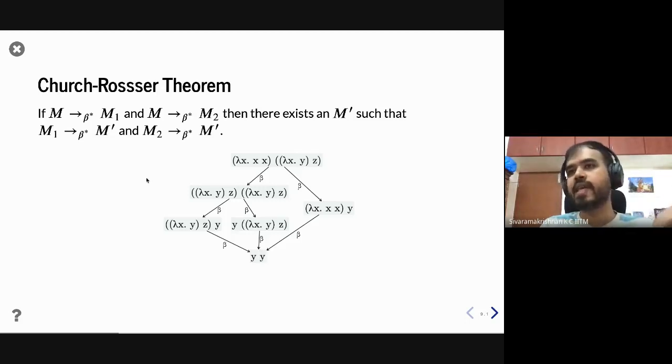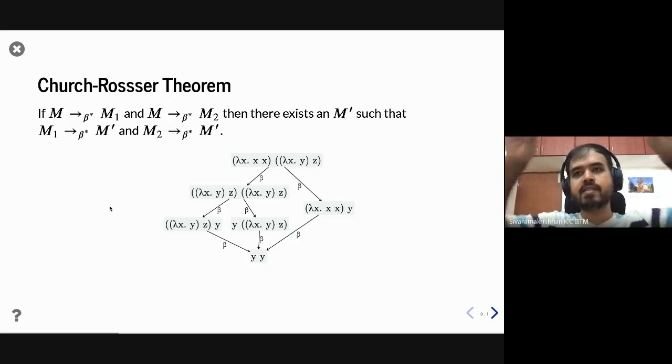The Church-Rosser theorem says that this holds for all lambda terms. It says that if you start from some term m, and in multiple steps you go to m1, and you start from m, and in multiple steps you go to some other m2, then there exists an m prime such that you can go from m1 and m2 to this m prime.